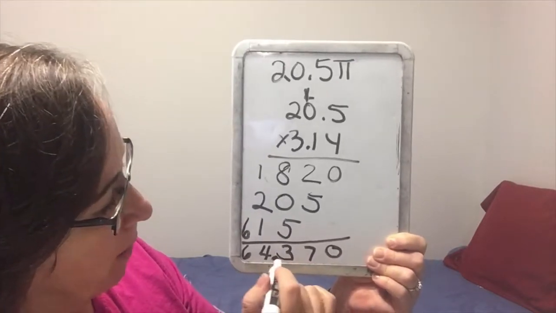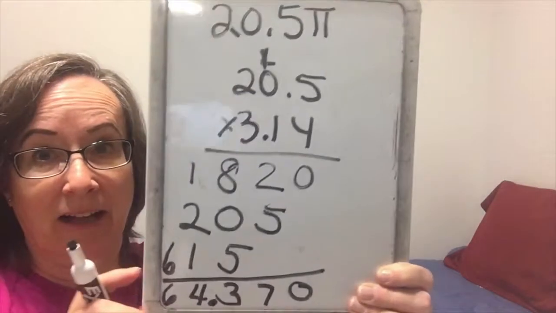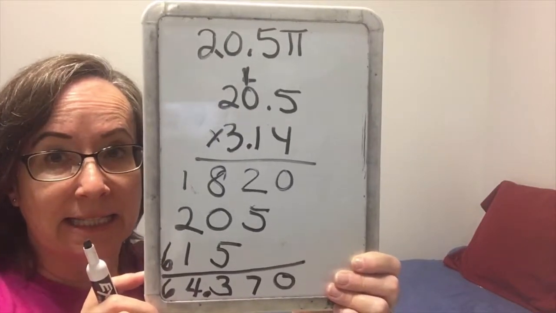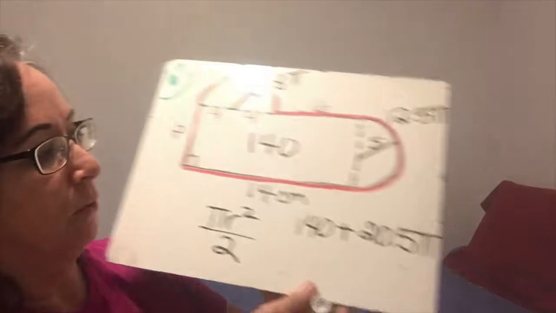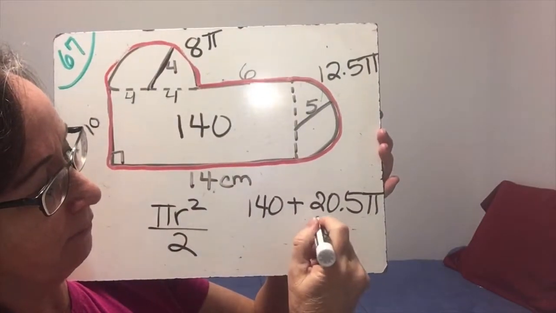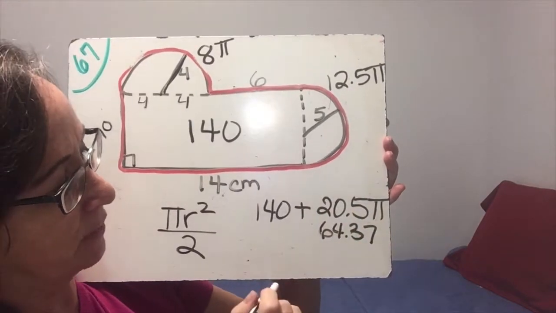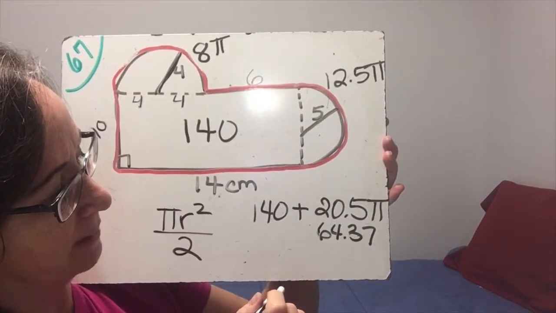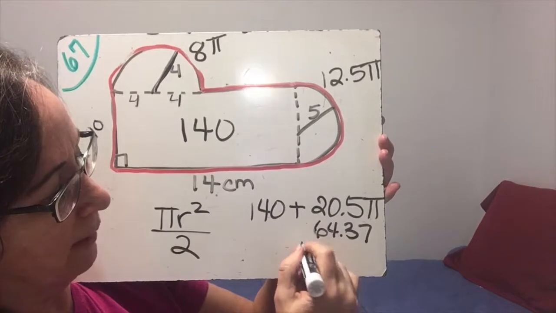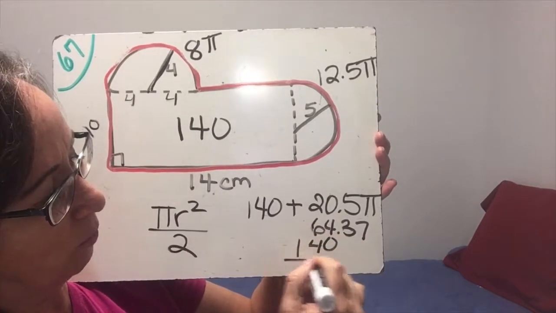So 64.37, I'll hold that close so you can see it. 64.37 will go right here, in place of the 20.5 pi. So now we're going to bring the 140 right below it.